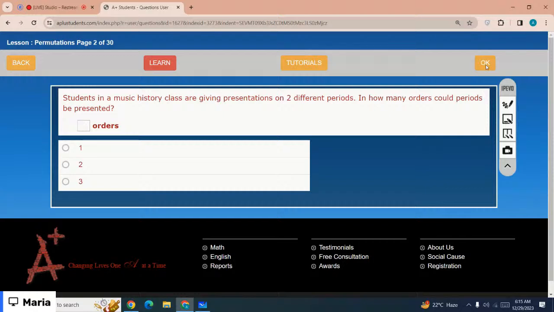Okay, the next one is: students in a music history class are giving presentations on two different periods. In how many orders could the periods be presented? So which is the correct option?